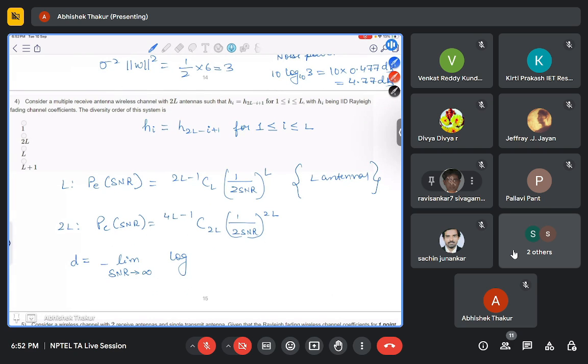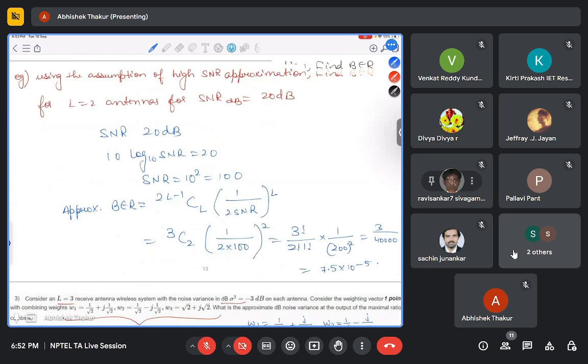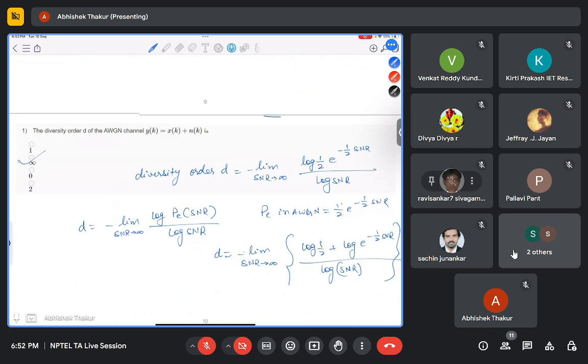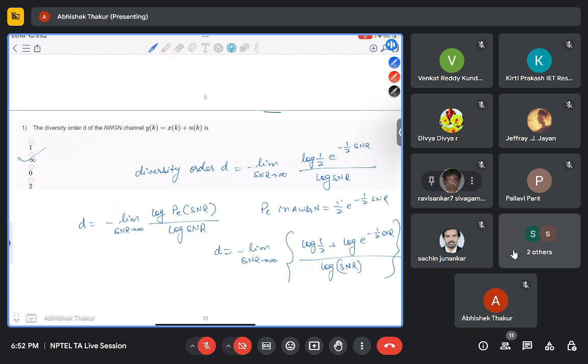So everywhere where L value is there, we will substitute L with 2L. So now we got the probability of error. Now we have to find diversity order, that will be minus limit SNR tends to infinite log of probability of error divided by SNR. So this formula we will use.